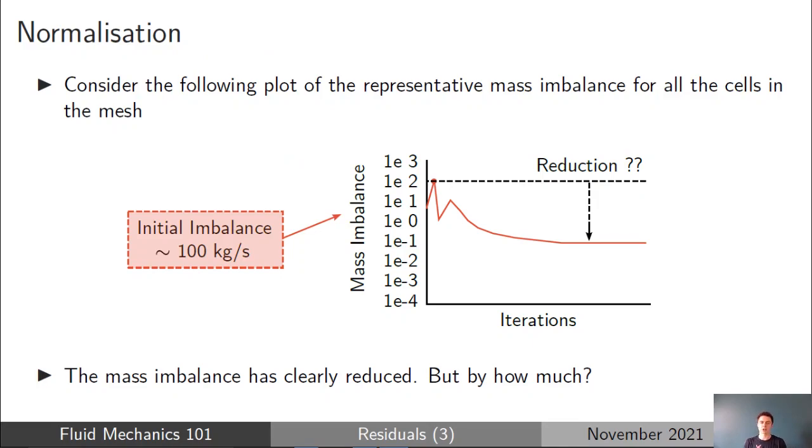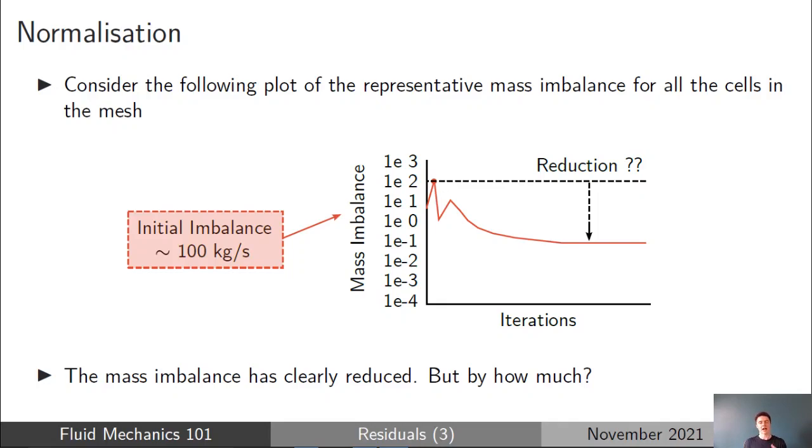So let's go back and think of an example, because an example is definitely the best way to understand what's going on here. What I've got for you on the slide is a graph showing the variation of the mass imbalance in a particular mesh as a solution converges. Remember that the mass imbalance here is just the mass imbalance for each of the cells in the mesh, the difference between the mass flow rate in and the mass flow rate out of a particular cell.